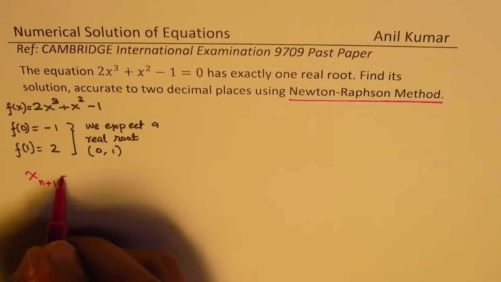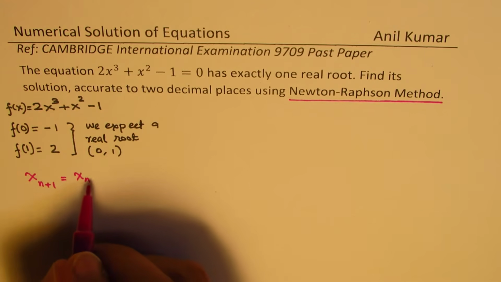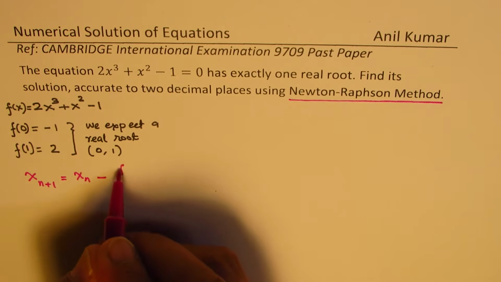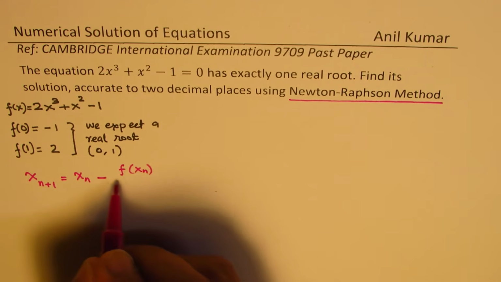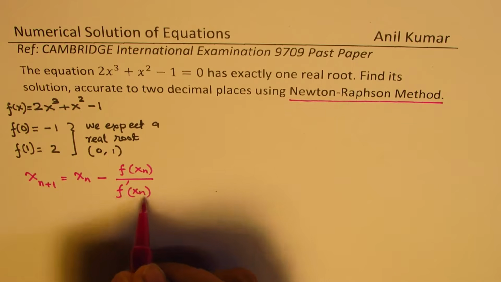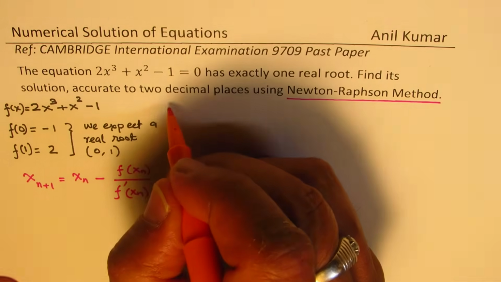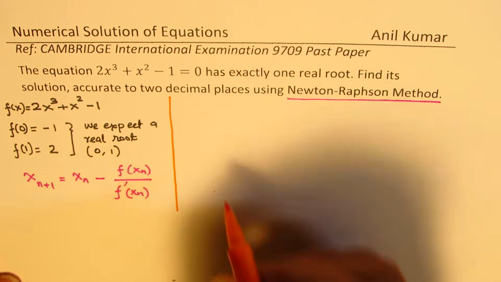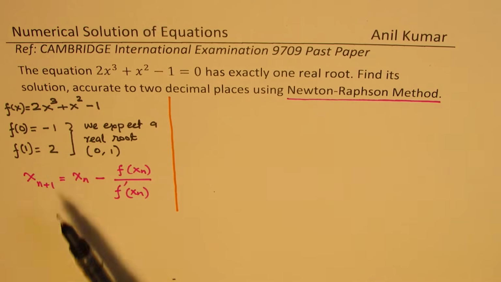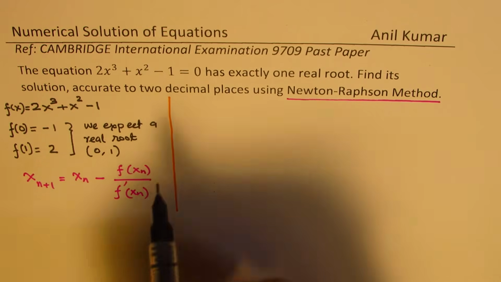It is an iterative process, so you have to start with some value, which we call xn, and then xn minus the value of the function at xn divided by its derivative at xn provides the next value to try, correct? So that is the way of finding different numbers to try.